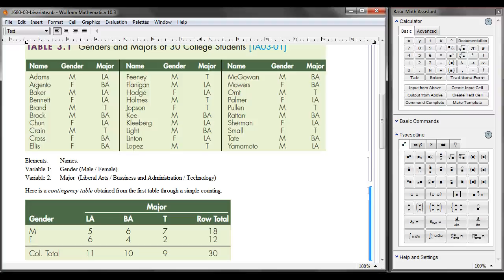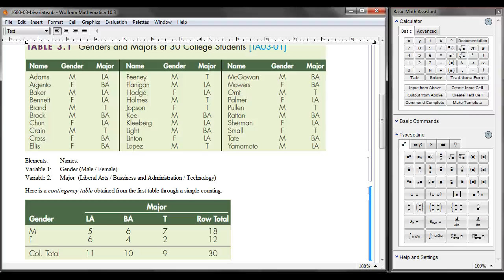And put those in a table. And that kind of table is called a contingency table. Actually, one example of a contingency table, to be a little bit more precise.